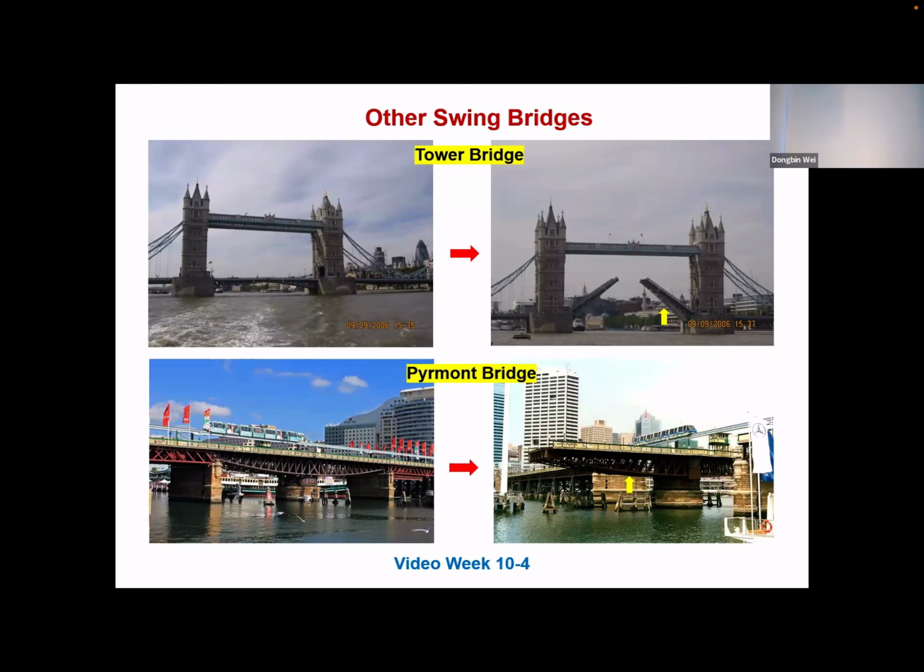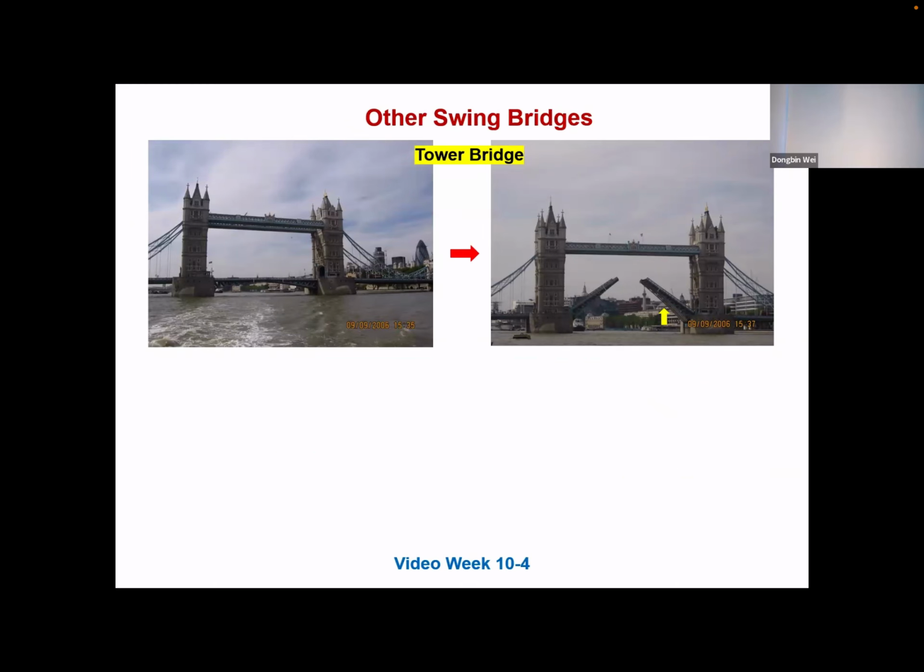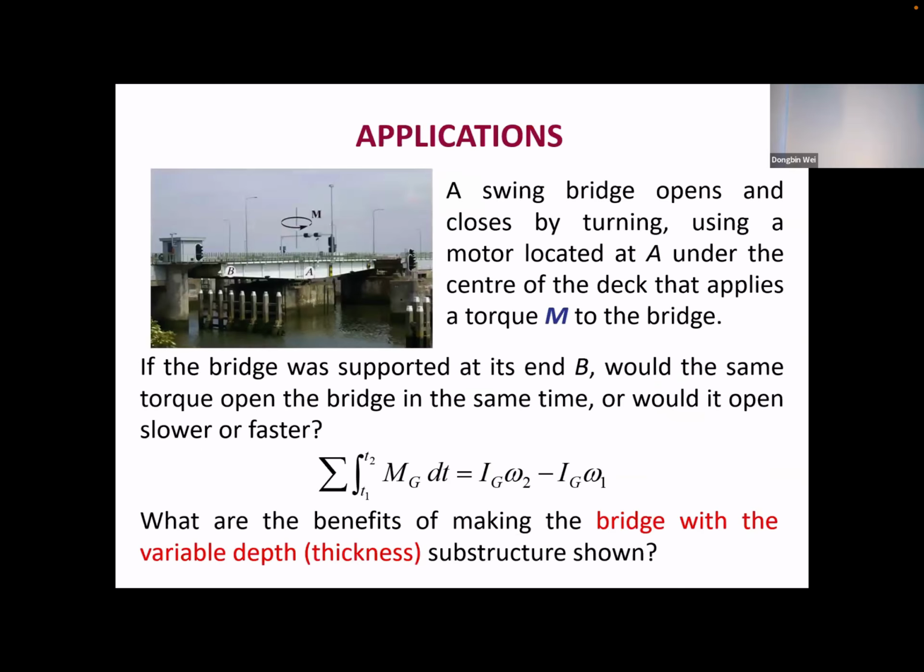Why? Okay, if you look at this equation, you should be able to understand. For this swing bridge, you have more mass distributed close to the rotation center, which means the MMI of this bridge about the axis going through this rotation center can be reduced.